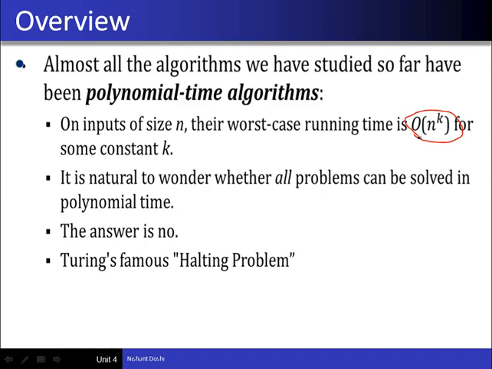You give a particular piece of code to a machine and check whether the machine will stop or run continuously. That is the halting problem: whether the machine is going to halt or not. That is not a polynomial time algorithm. You cannot say whether you will get an answer within a given time, so you have to depend on the machines.